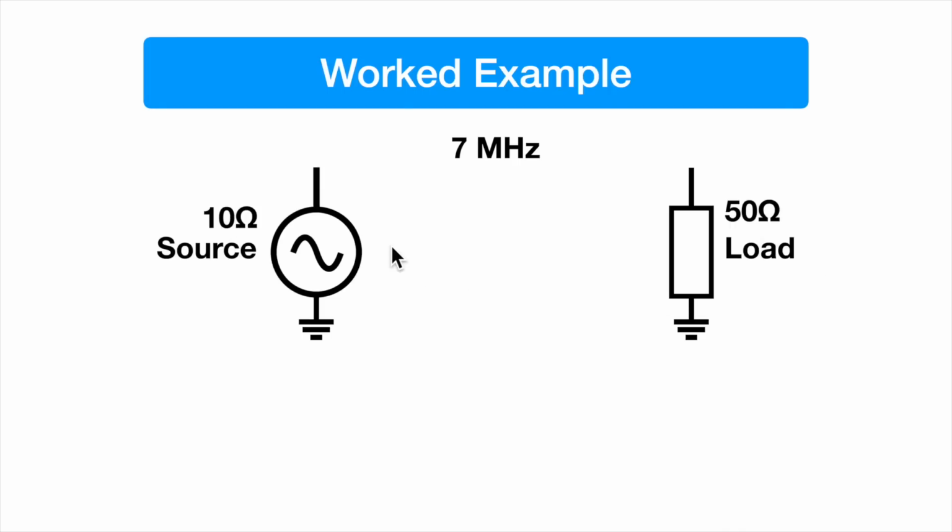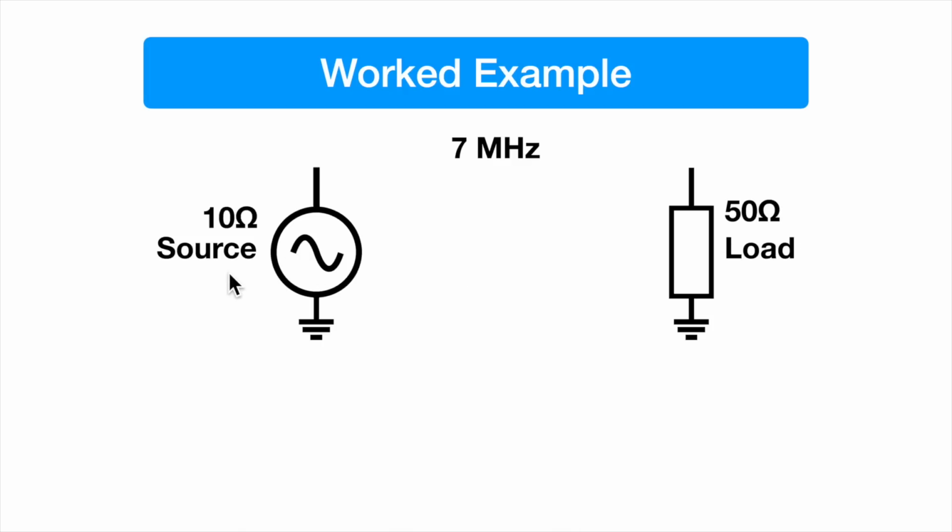You can view these either way around. So what I mean is, when we build this, the 50 ohm load looks into what we're going to build and will see 50 ohms, right? The 10 ohm source, or 10 ohm end, will look in and see 10 ohms. So they work both ways.